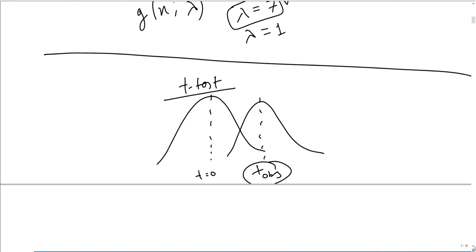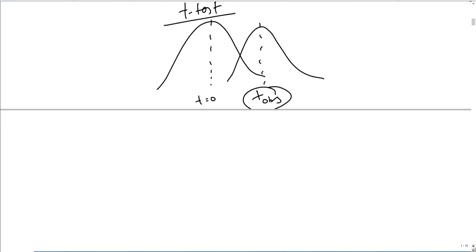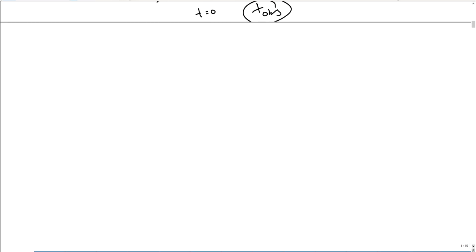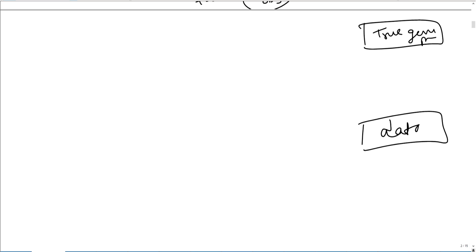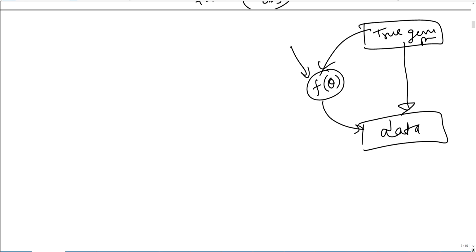Anyway, in order to practically do all this for actual data, if you have some data that you have collected in an experiment and you assume that this data comes from a probability assigner function f of theta, constrained by 3 axioms, then given the data, you will estimate theta hat and try to infer the properties of the true generative process.